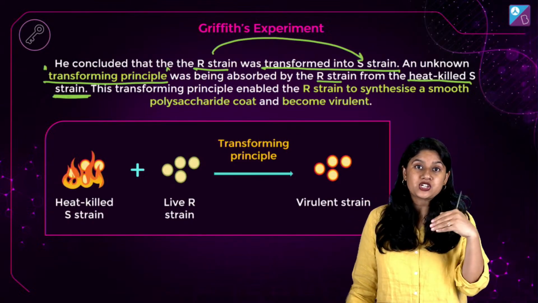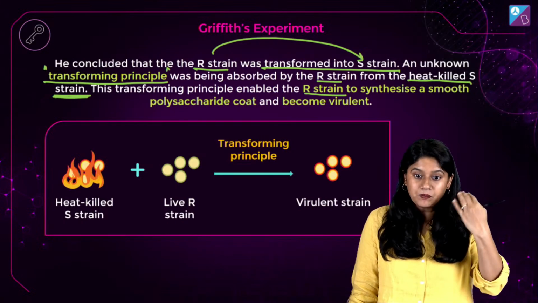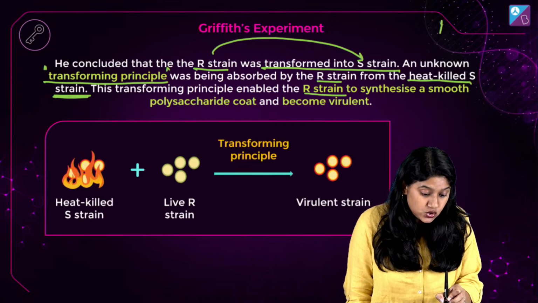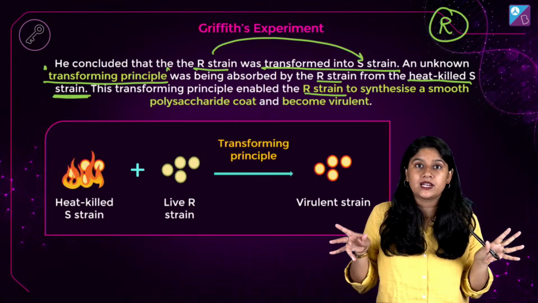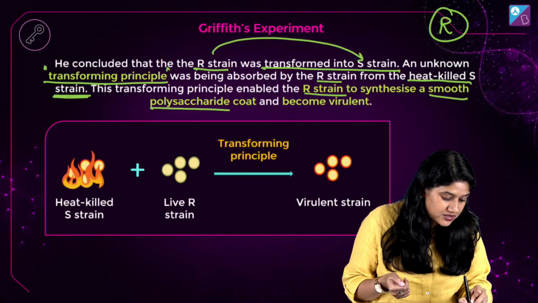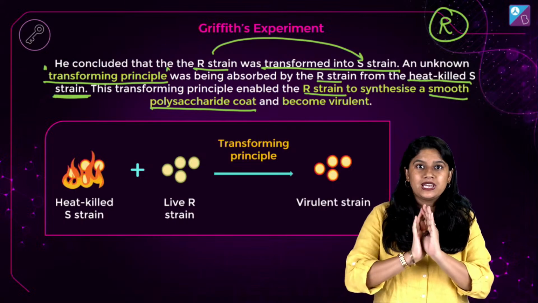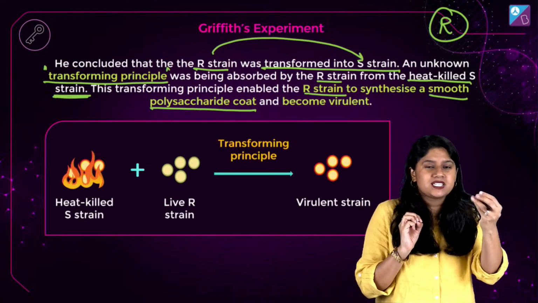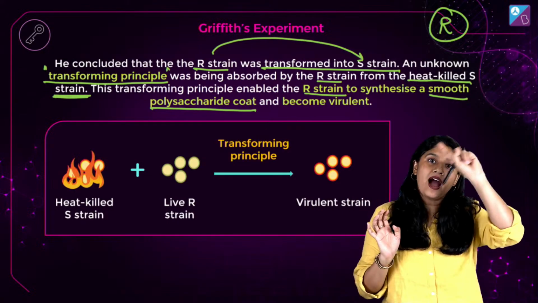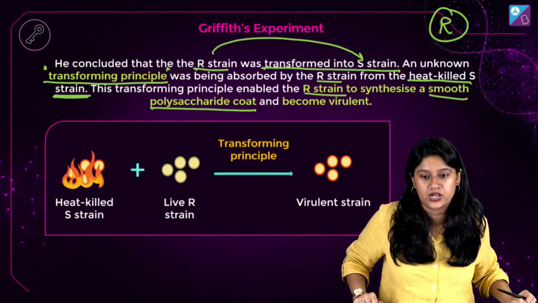So the transformation principle enabled the R strain to synthesize something. He said that R strain actually got something, right, so that it can synthesize smooth polysaccharide coat and become virulent, right? So he said that कुछ ना कुछ हुआ, S ने कुछ R को दे दिया ताकि R के पास में भी एक smooth coat आ जाए और उसकी वजह से वो भी active हो जाए.